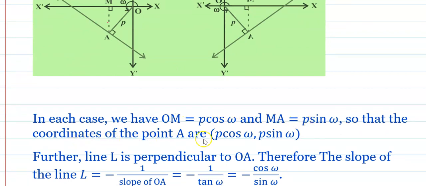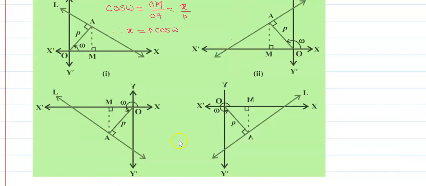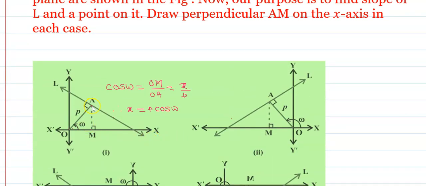So we can find the coordinates of A, that is, we can find AM also. How to find AM? For that we will take the sine ratio. The sine of omega is equal to AM upon OA.